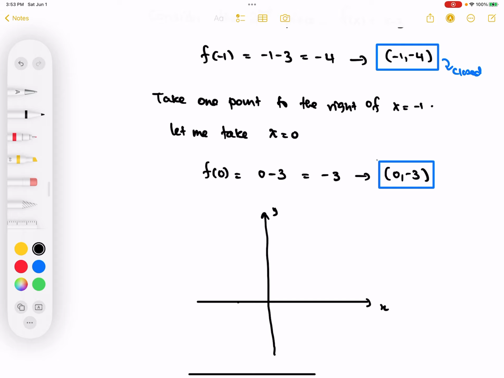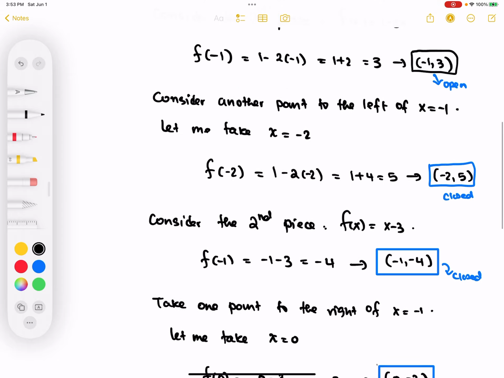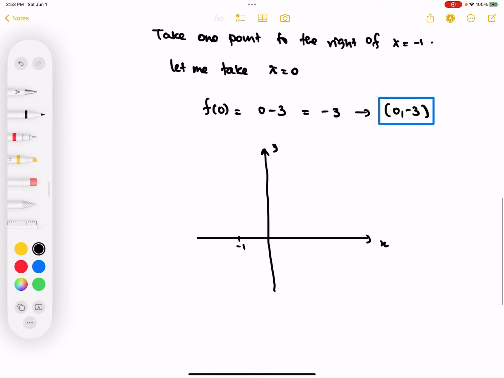For the first one, when x is negative 1, I got a result of 3 somewhere here. So this is negative 1, 3. If I put negative 2, I got some point here, negative 2, 5. So this point for the first one is open because it's not defined. Then I have to draw a straight line on the left side.